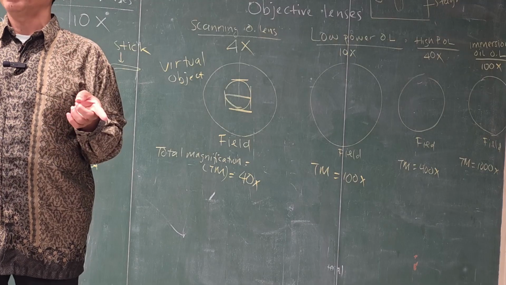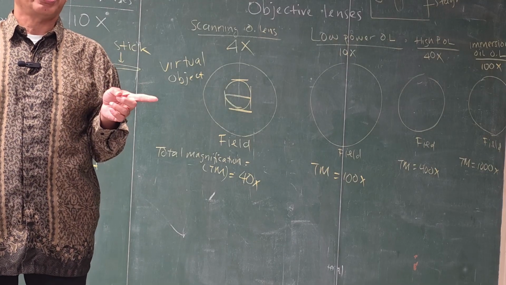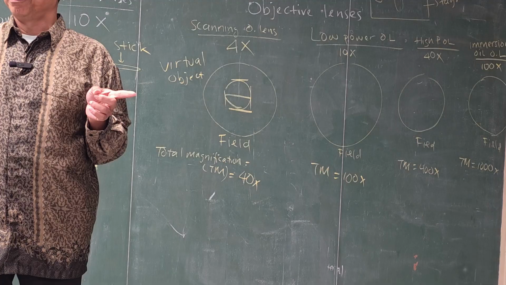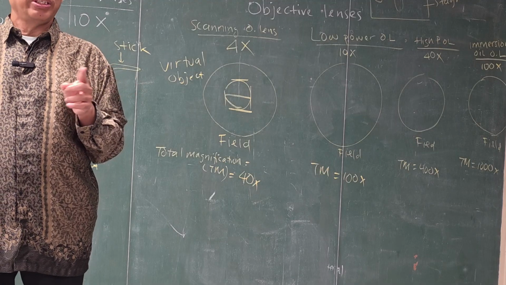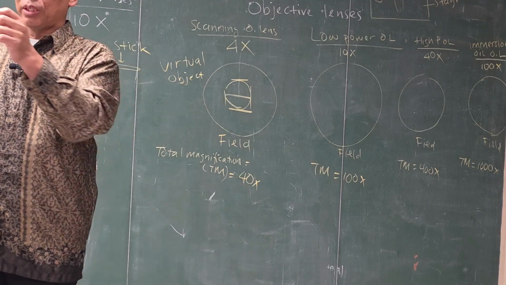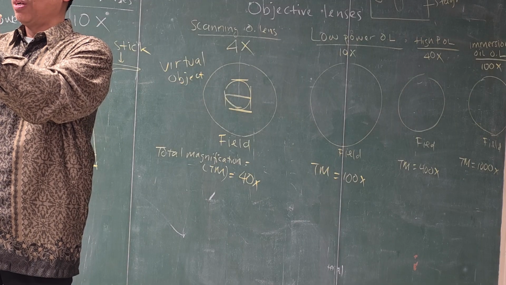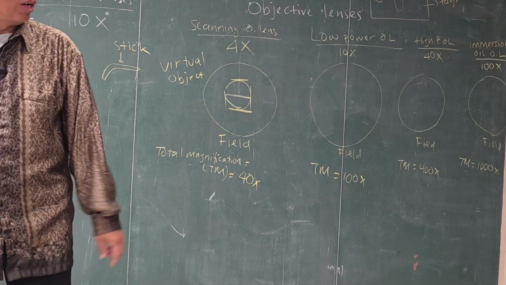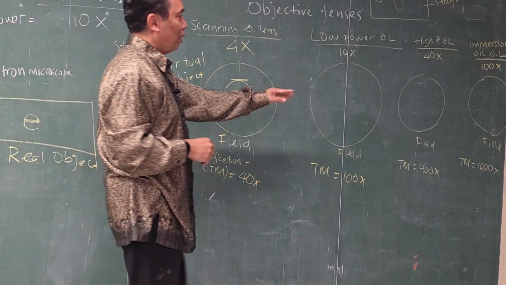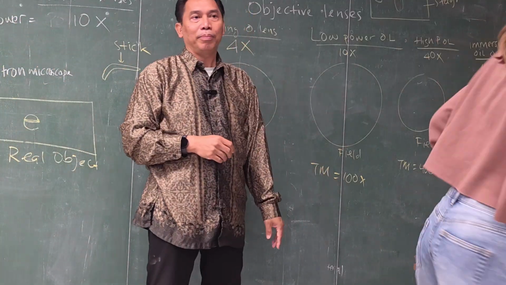Mostly it will give you the object in focus right away, automatically. Therefore I say don't change anything except just move the objective lens to higher magnification. Okay, now what do you see now on the 100 TM?